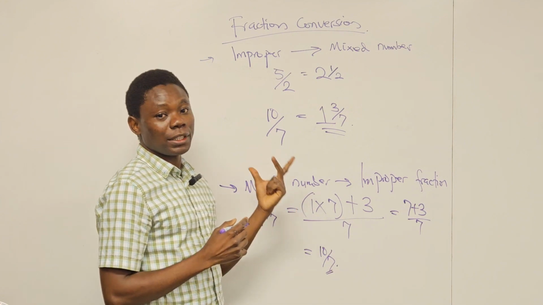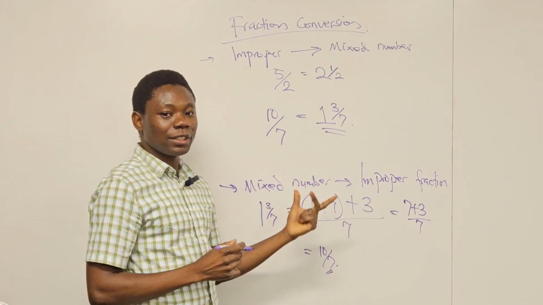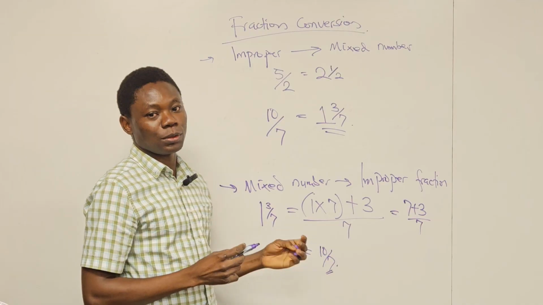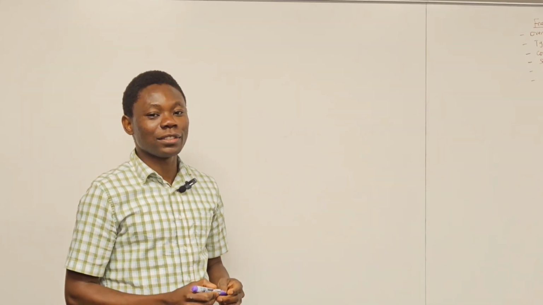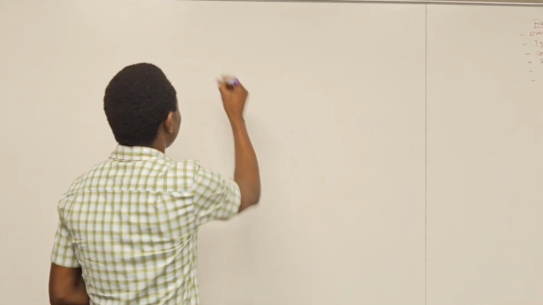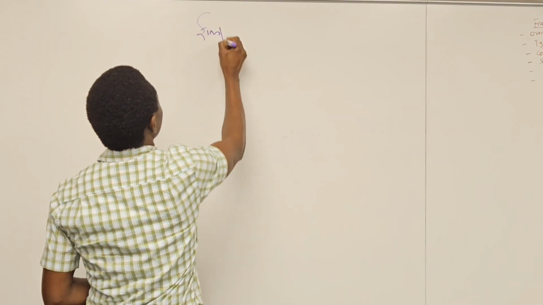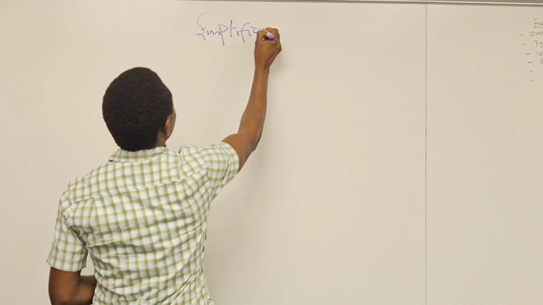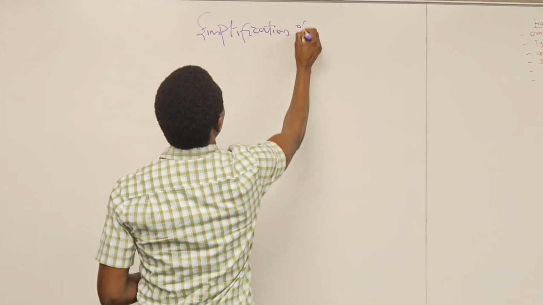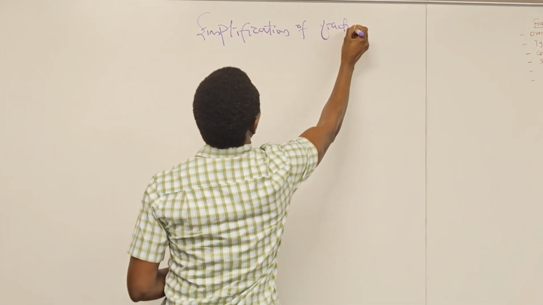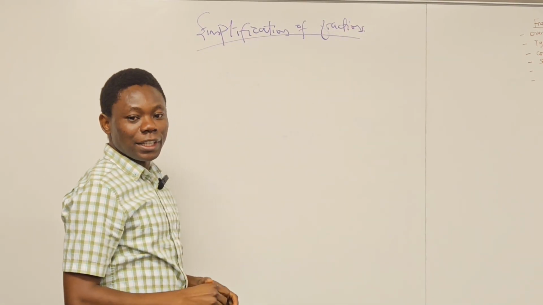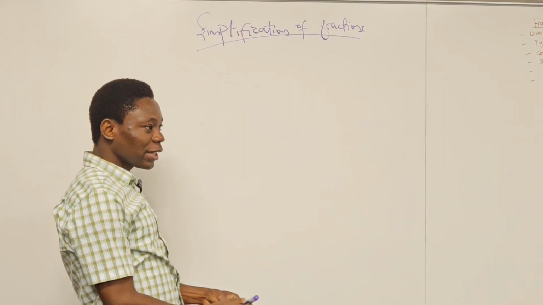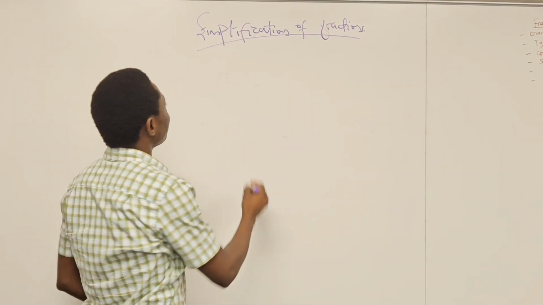So an improper fraction can be converted to a mixed number, and a mixed number can be converted back to an improper fraction. All right, now let's talk about how fractions can be simplified further. Simplification of fractions. Simplifying a fraction means reducing the fraction to the lowest term.